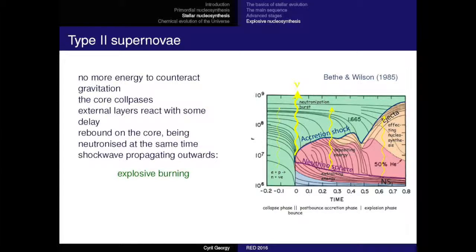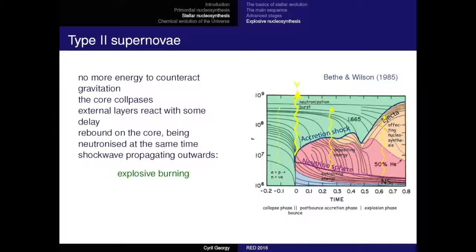They go through type 2 supernovae. At the end of silicon burning for these stars, you have no more energy to counteract the gravitation, and thus the core of your star will collapse very quickly. This is illustrated here in this plot.